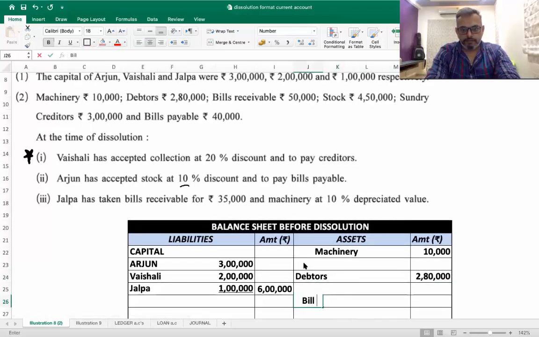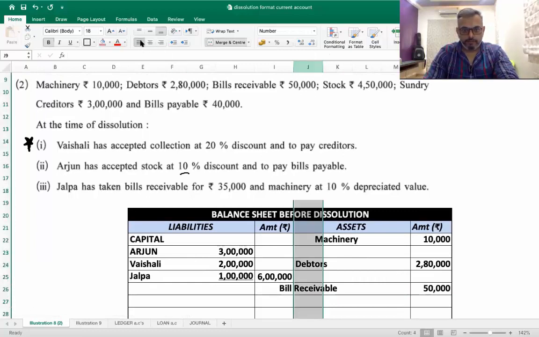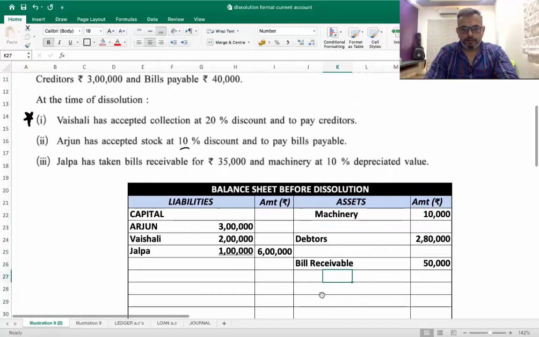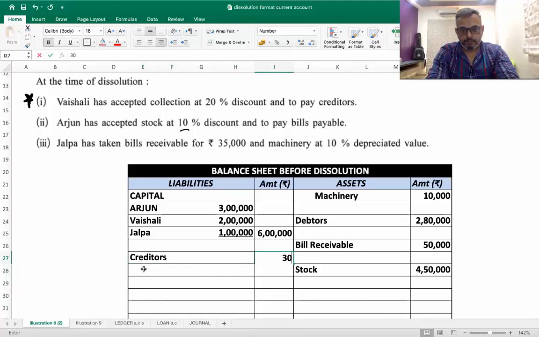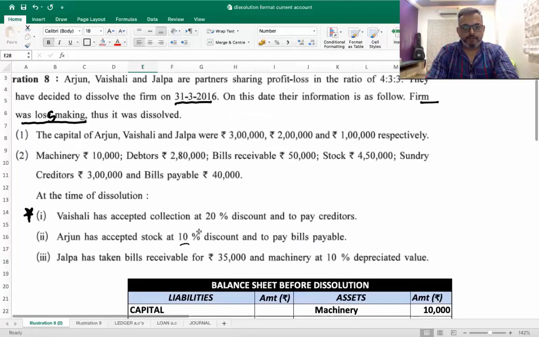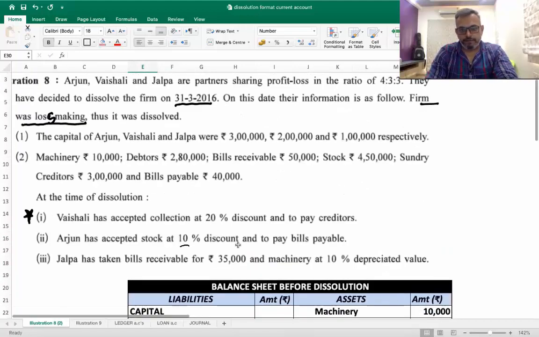Then bills receivable 50,000, stock 4,50,000, creditors 3 lakh, so liability side, and bills payable 40,000. So this is the information we have.